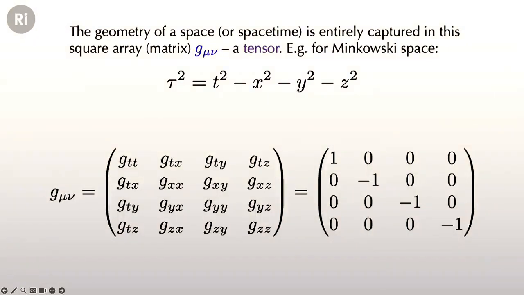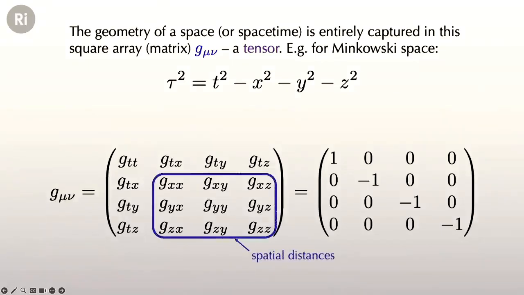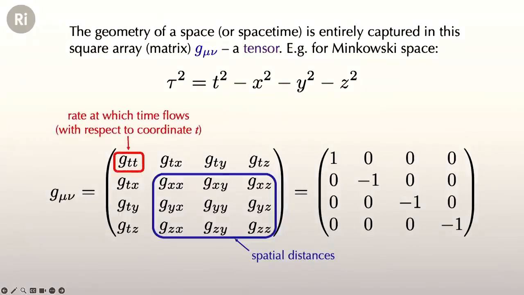And furthermore, all of these symbols have meaning. I mean, you knew that they did, but we can even tell you what the meaning is. The spatial ones, the x's, y's, and z's, all by themselves, not involving t, those really are just the generalization of Pythagoras' theorem, maybe in a curved spatial geometry. Those are the spatial distances.